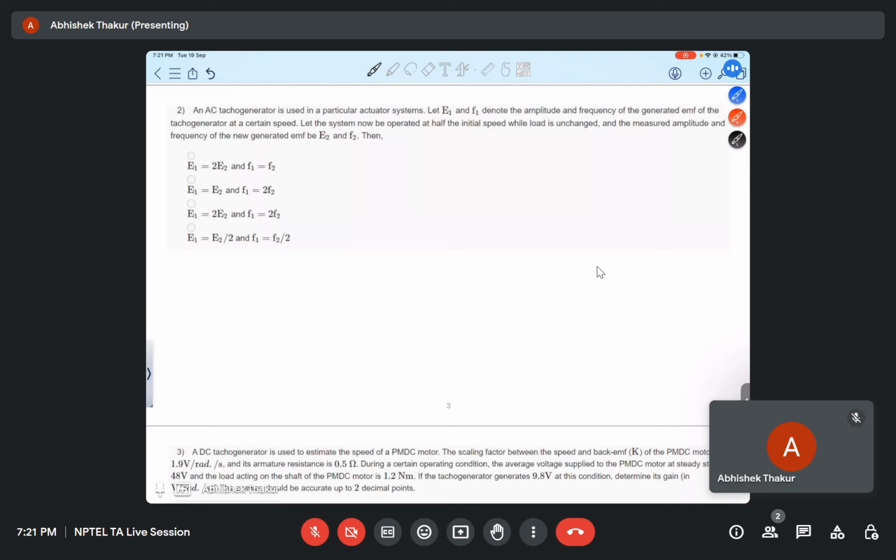In an AC tachogenerator, the generated electromotive force, EMF, is typically directly proportional to the rotational speed of the system it is connected to. So E1 is directly proportional to speed. Speed is reduced to half.